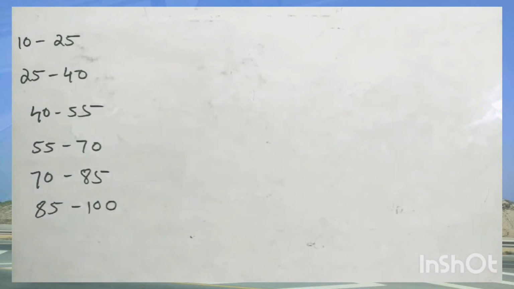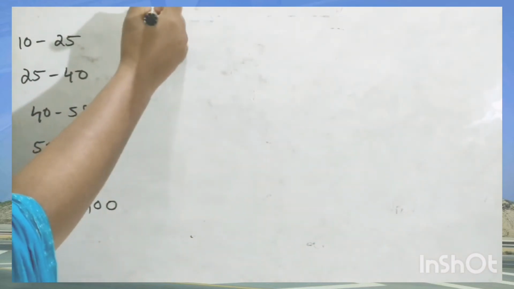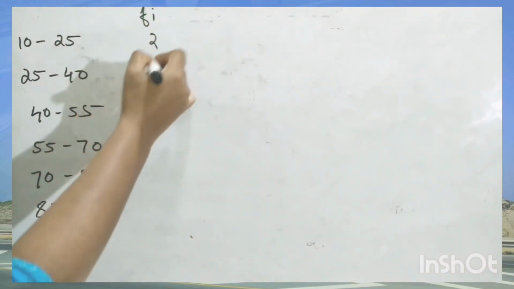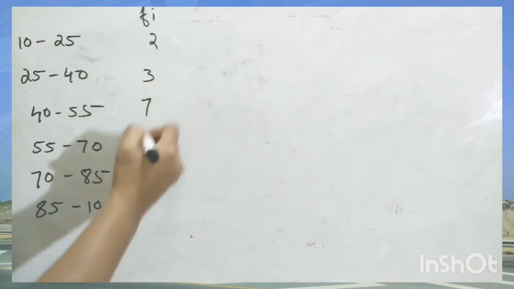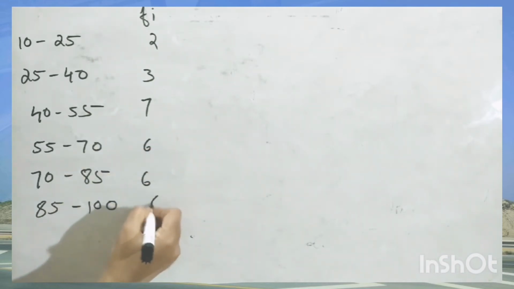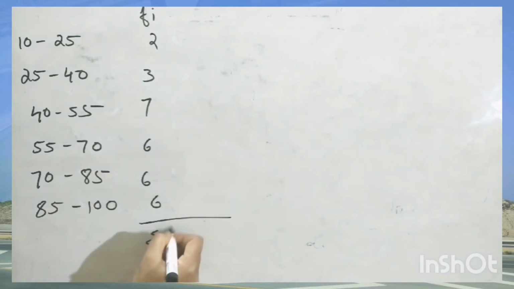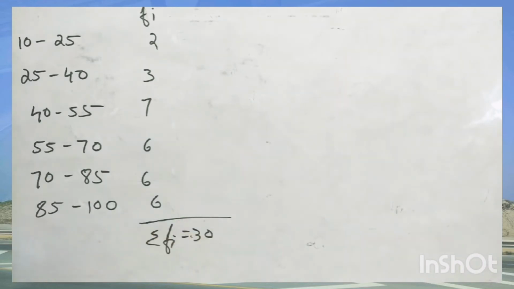This is our given class intervals, and frequencies is also given in that question, that is 2, 3, 7, 6, 6, 6. The sum of this is summation fi is equal to 30.